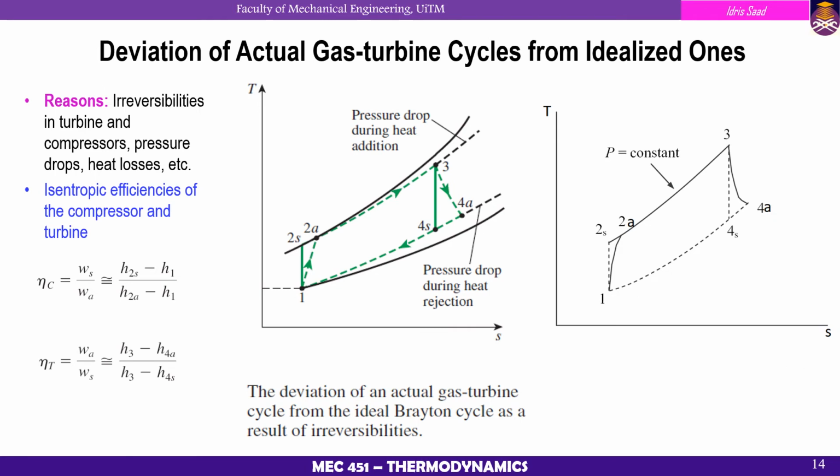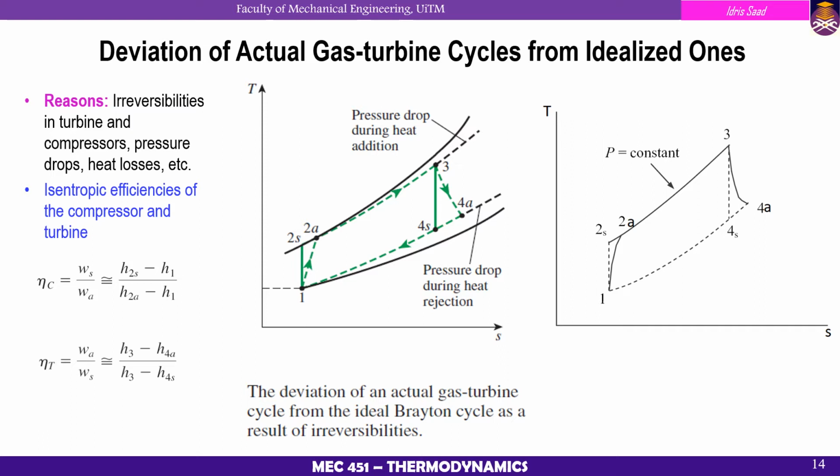We know that the ideal cycle of the gas turbine engine was constructed based on the basic considerations in the analysis of the power cycle as well as the air standard assumption. The next topic under the gas turbine engine is the deviation of the actual gas turbine cycle from the idealized one.